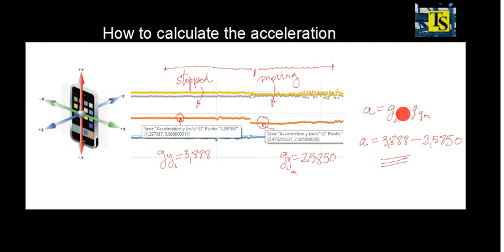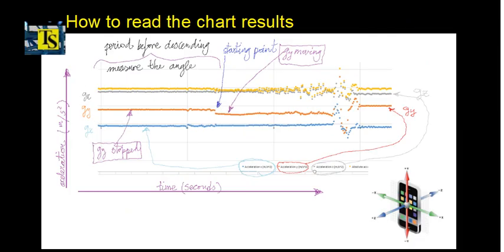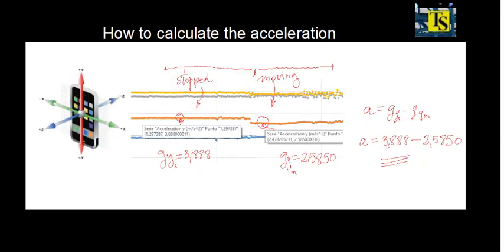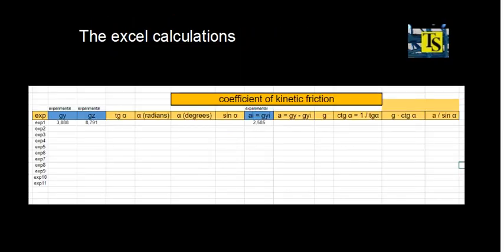So you need to calculate a like this, and you need to calculate also the tangent of the angle like this. Once you have the tangent of the angle and the acceleration, that is this difference, then you can complete this table.